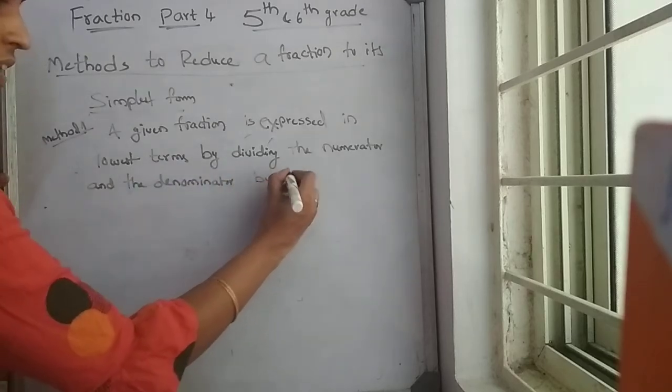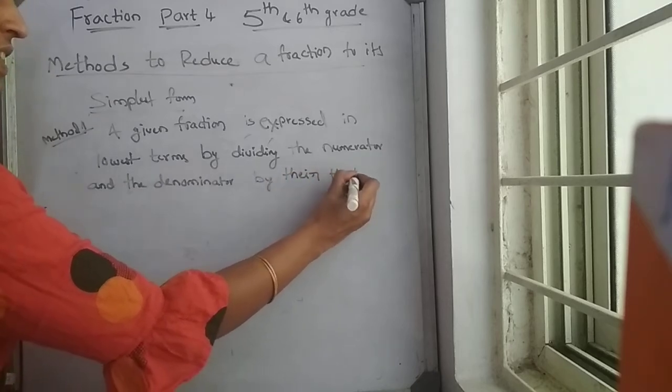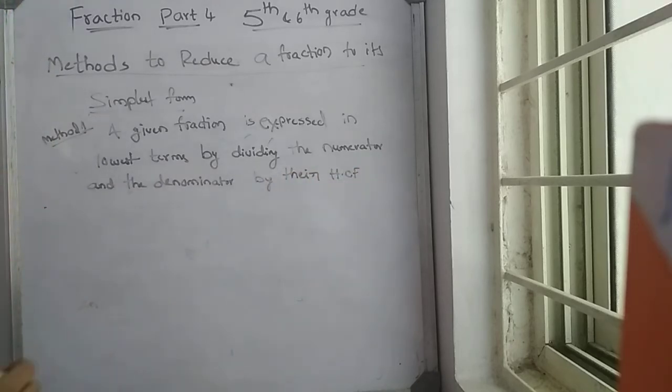A given fraction is expressed in lowest terms by dividing the numerator and the denominator by their HCF. See, I am explaining this because HCF will come again.